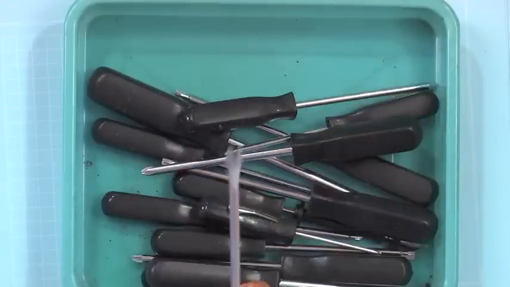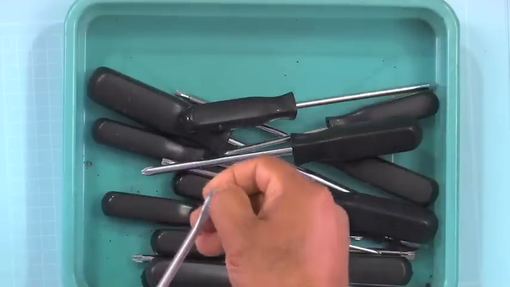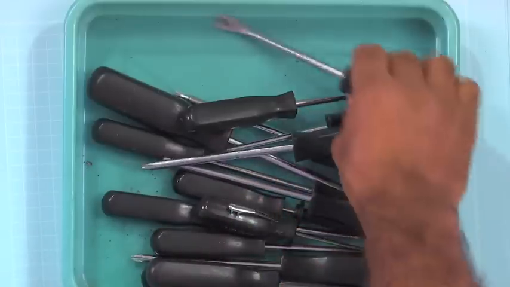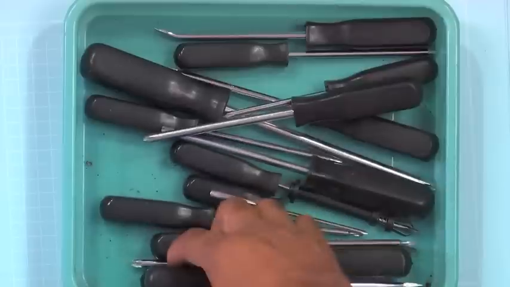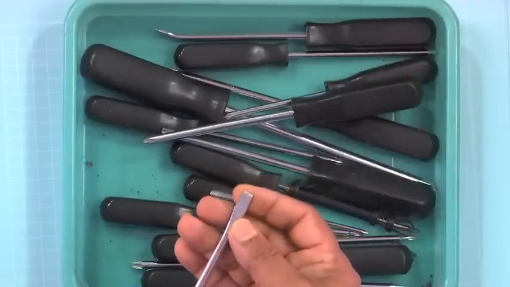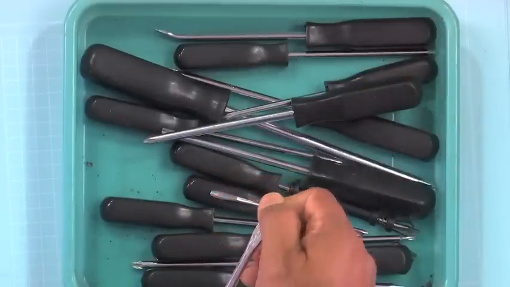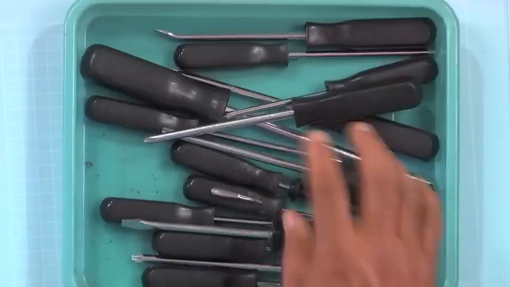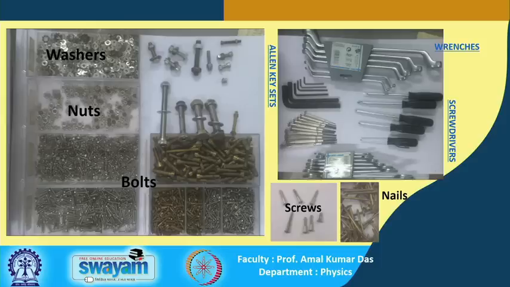To take out the nail, one can use this screwdriver. Some have a flat edge. Okay, flat edge. So, for different heads you need different types of screwdrivers. These are the common tools for the laboratory.